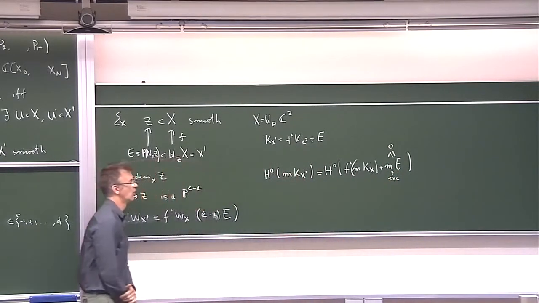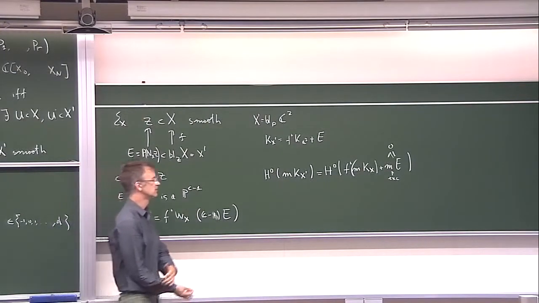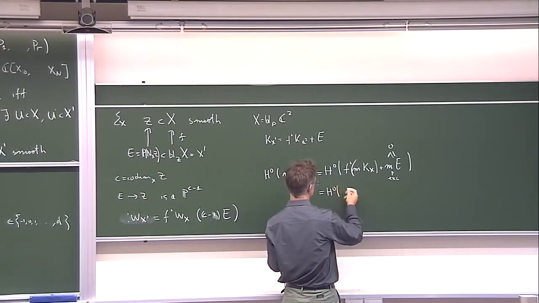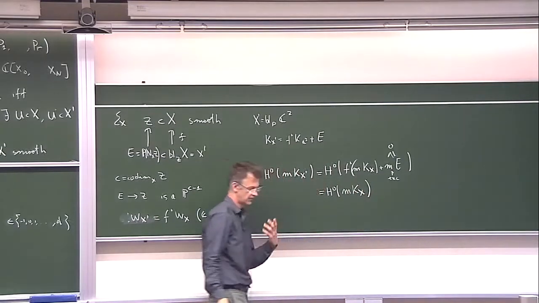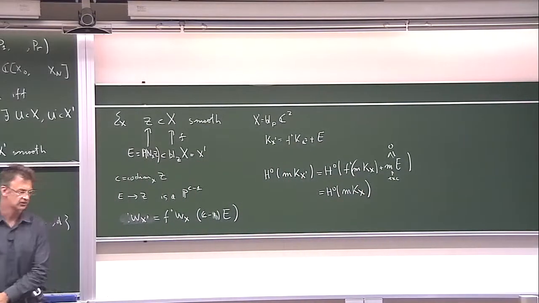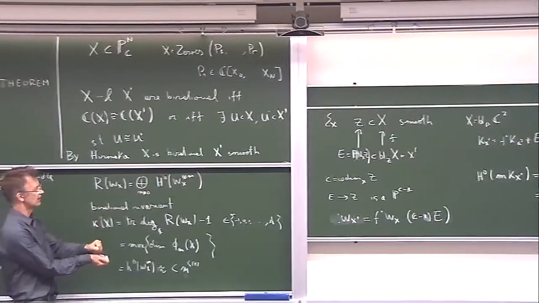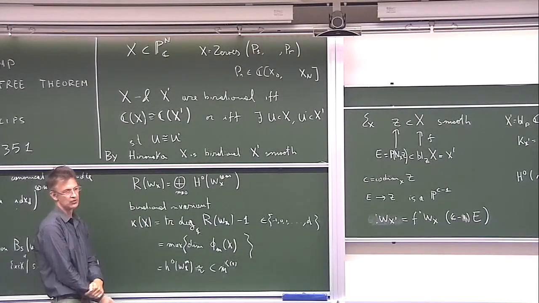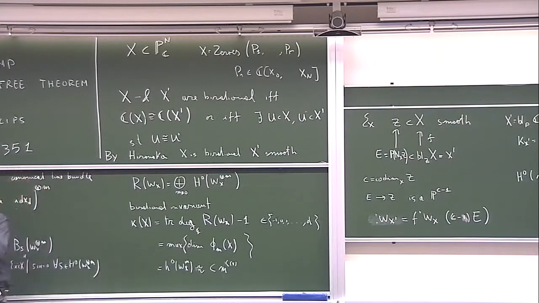And so by the projection formula, adding an effective and exceptional divisor does not actually change the number of sections. So it is easy to see that this is the same as the number of sections of the corresponding tensor power of the canonical line bundle on X. So that shows you that the canonical ring is a birational invariant, at least under blowing up a smooth subvariety, and then clearly under the equivalence relation generated by this procedure.